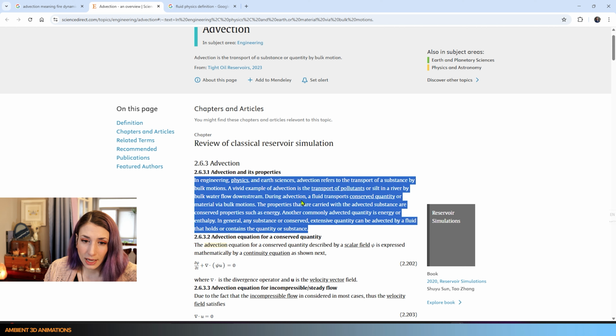During advection, a fluid transports conserved quantity or material via bulk motions. The properties that are carried with the advected substance are conserved properties such as energy. Another common advected quantity is energy or enthalpy. In general, any substance or conserved extensive quantity can be advected.